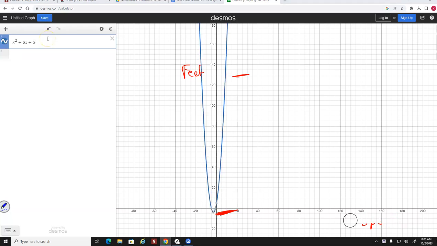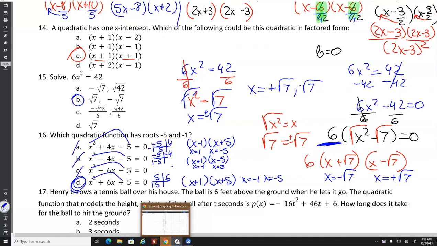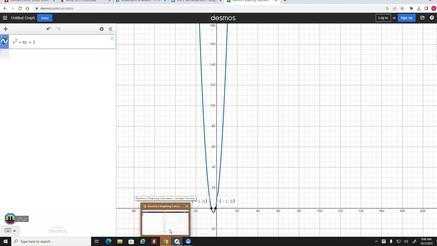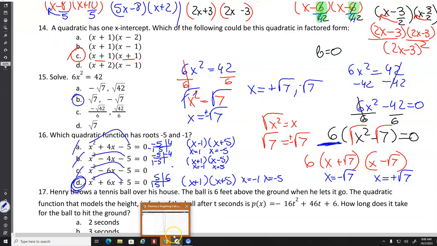Looking up here, you're going to see -5 and -1 on the x-axis. The values are your zeros. All right. So I'm going to end this video on this note and then make a second one for the second part.